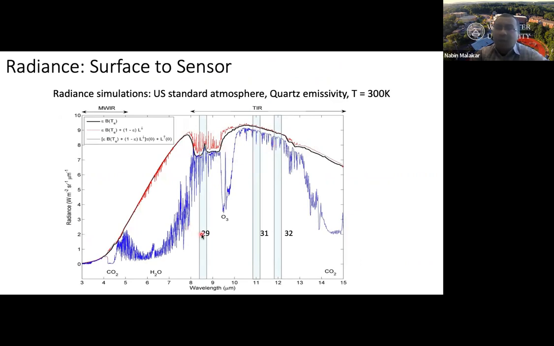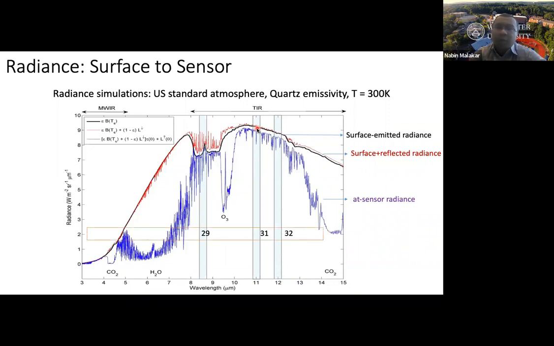As I told you, there are 36 channels. This is a 3-channel view, 29, 31, and 32, that you can see through. And you can see that at different wavelengths, different channels respond in different ways. And if you know the emissivity of the surface, then you can say which part is radiating how much, right? The distribution of the strength at which it is emitting.